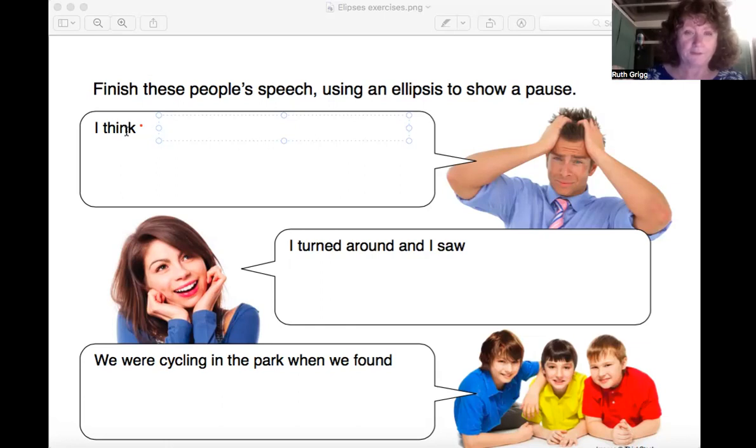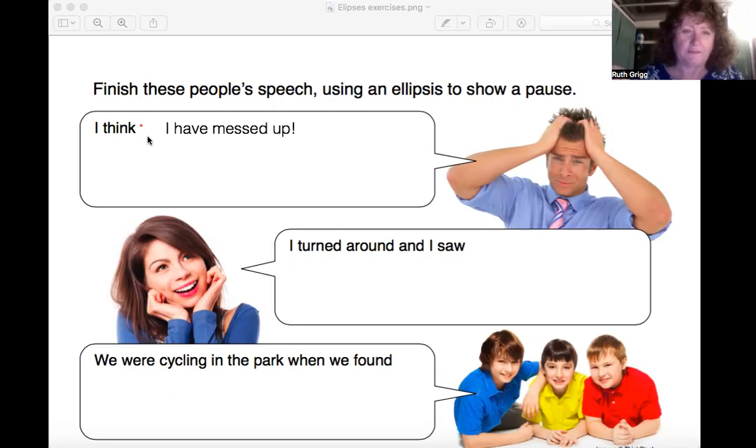The first one is, "I think," and he looks like he's angry, upset. So I think I'm going to say here, I think, oops, that's in blue. I wonder if I could just change the color to black. Okay, I think I have messed up. He does look like he's messed up, doesn't he? Okay, I think I've messed up.